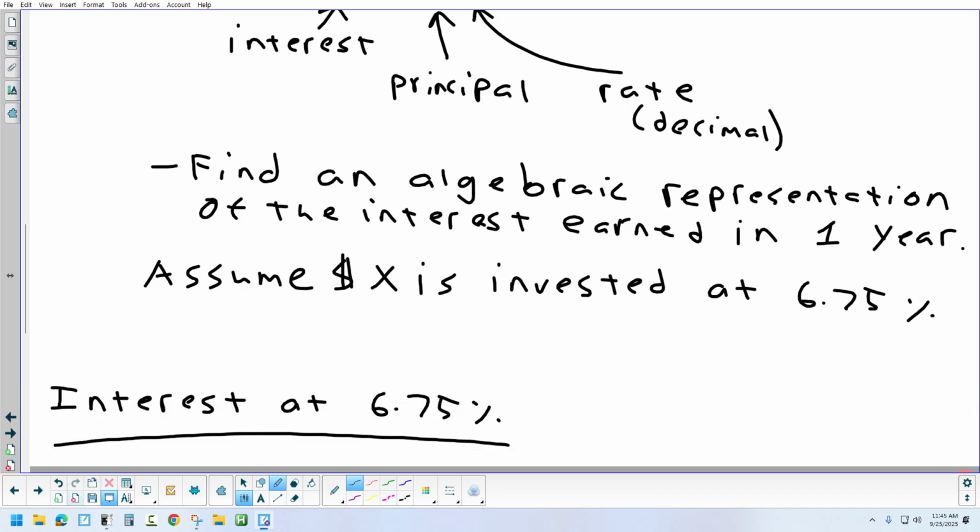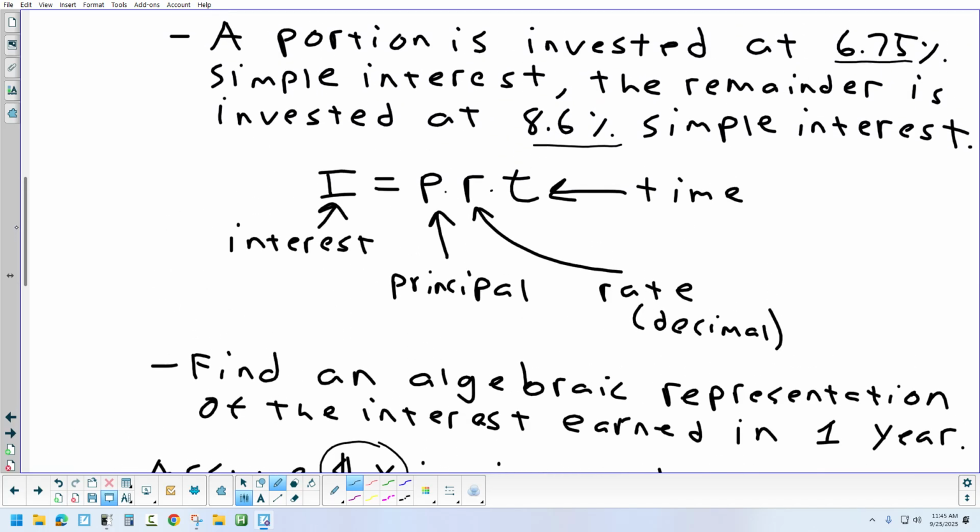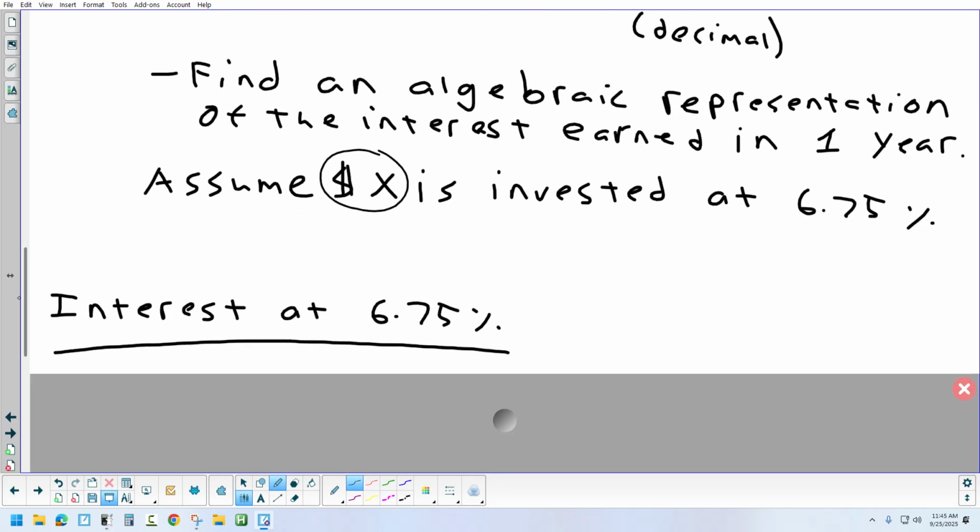So let's figure out how much interest Bill would earn in this investment if he invests that much money. So the interest is principal times rate times time.